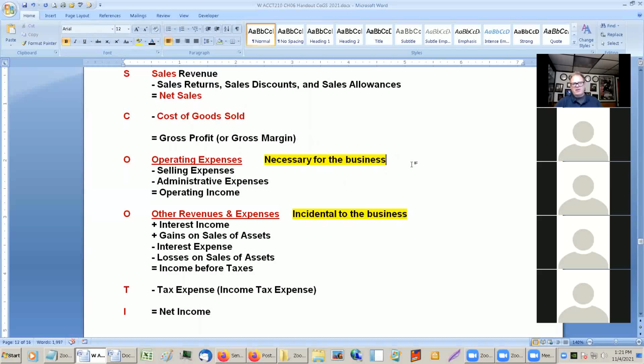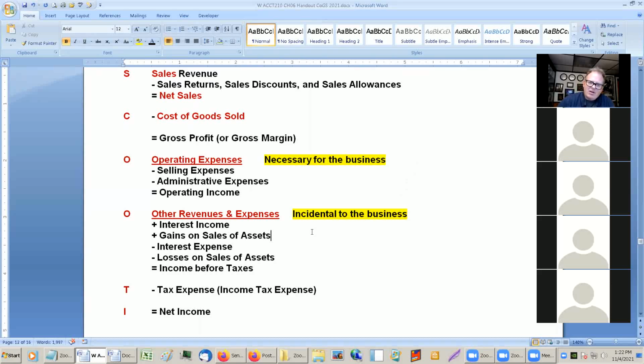So things like selling expenses are necessary. You have to have a store, you have to have salespeople, store managers, people that stock the store, all that kind of stuff. Those are all things that are necessary to run the business. Administrative expenses are things like accounting for one thing, but also upper management and things like that. The things that you have to run the business.